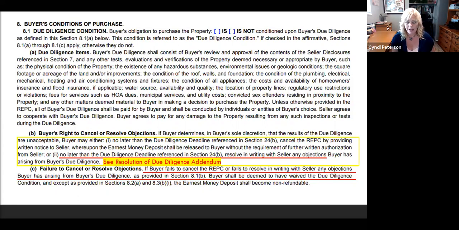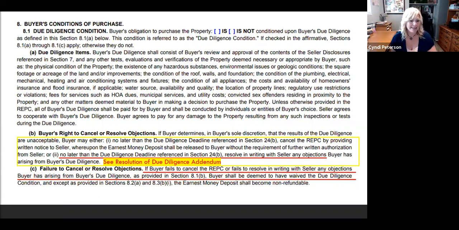So if you have a date of August 11th as your due diligence deadline and you have not resolved the objections with the seller by 5 p.m., then your buyer has basically waived any right to ask them to do anything. So they either move on, or if they haven't canceled in writing to say they're pulling out, they could lose their earnest money. So be really careful with that. A lot of people run into those situations.